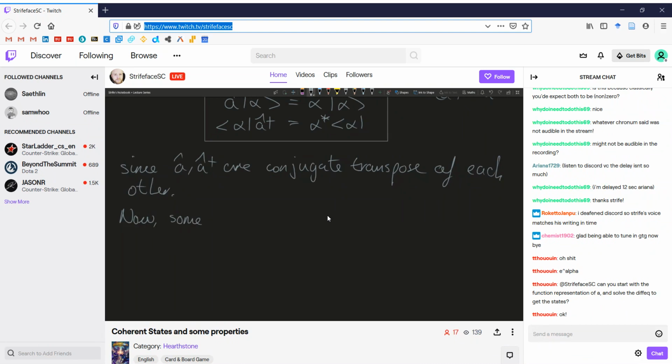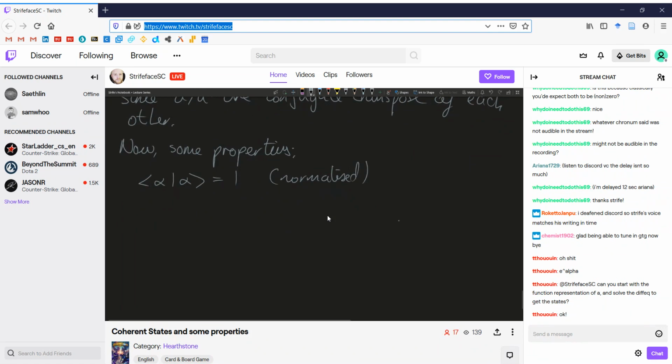You also find out the definition of the coherent state. You evaluate the inner product squared of two states. This shows that the coherent states are not orthogonal.